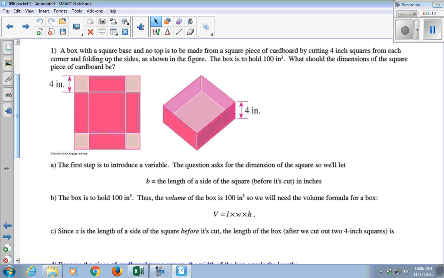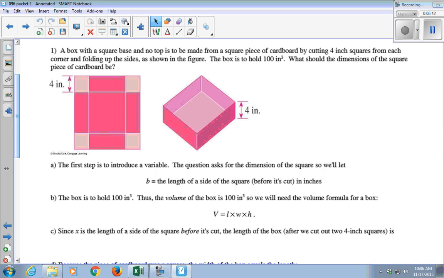Then you can take the flaps that remain and fold them up 90 degrees, and you've created a box, right? Everybody can sort of picture how this thing is being made. We're starting with a square, and the squares we cut out of the corners are going to be 4 inches on each side.